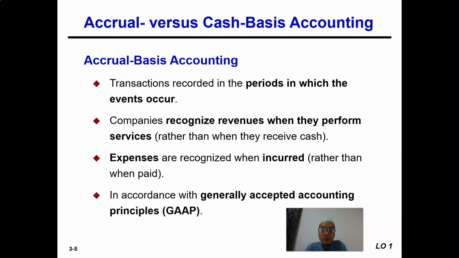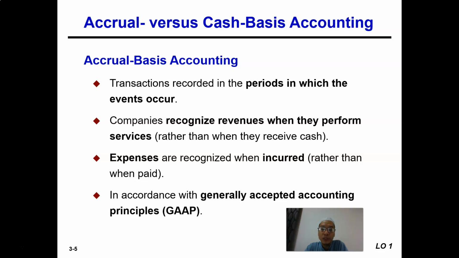For example, if we use electricity in the month of May, but we pay that electricity bill in June, then we must recognize the expenses in May and not wait until we pay the bill in June. In terms of the revenues, we recognize revenue when we have actually rendered the service, or when we have passed down the inventory to our clients.